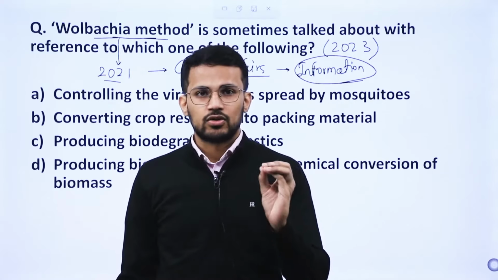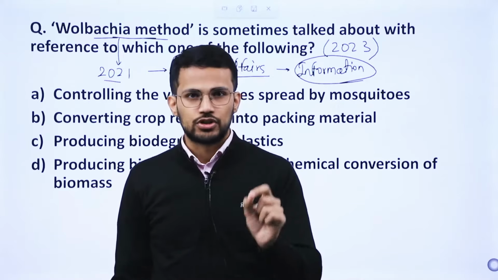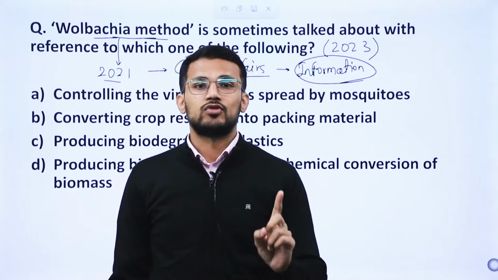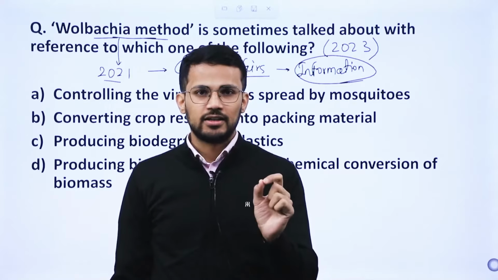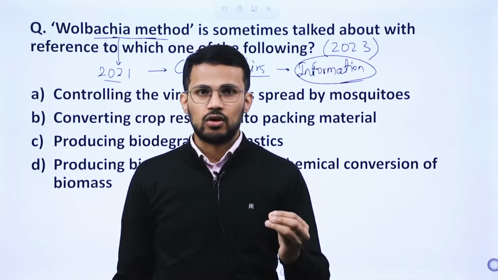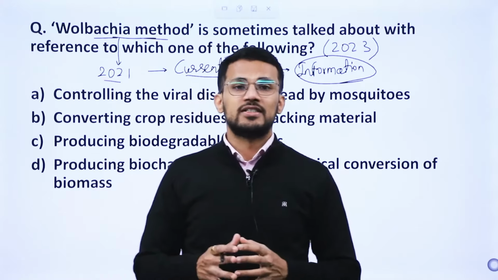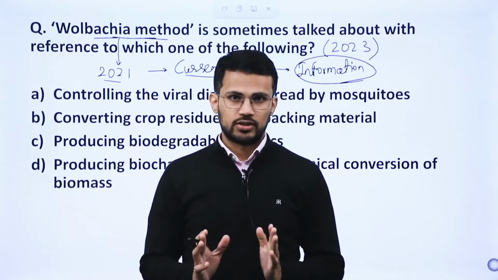And this we are trying to ensure by putting one bacteria in male mosquitoes, and that bacteria is called Wolbachia, right? The Wolbachia bacteria does not allow the growth of virus, and as a result we would be able to restrict the spread of viral diseases due to mosquitoes, right?